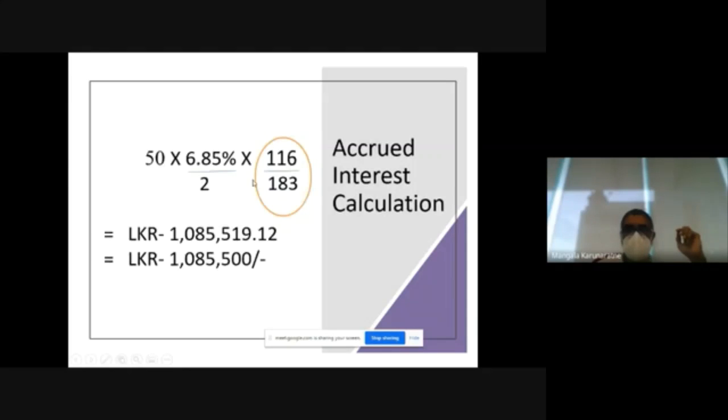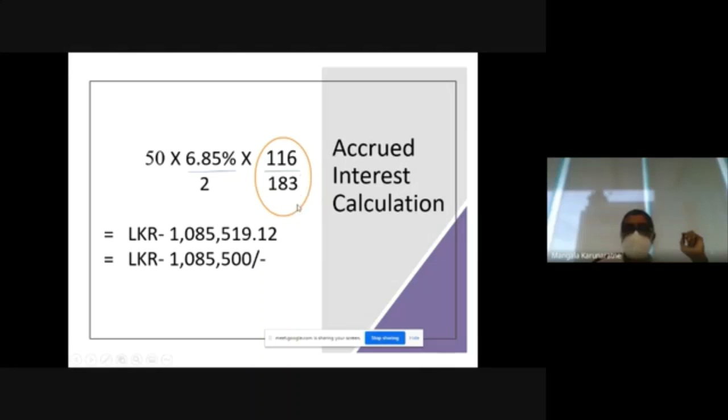Actually, our calculation ends here, but I just want to show you this because I don't want you all to have a doubt in your minds, because this gives a figure that is different from the bond calculator figure. So how we arrive at this is by using this. We leave out this 50 million and do this calculation first: 6.85 divided by 200, that is 2 into 100, into 116 divided by 183.